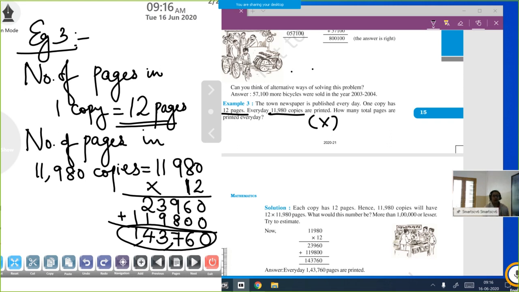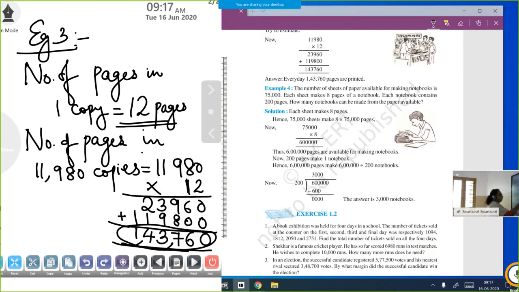Final answer teacher got 1,43,760. This multiplication you studied last year, 3-digit, 4-digit multiplication also you have studied last year. So no need of explaining again. This is simple multiplication. So the answer we got is 1,43,760 pages. Okay. Now teacher is moving to the next page.